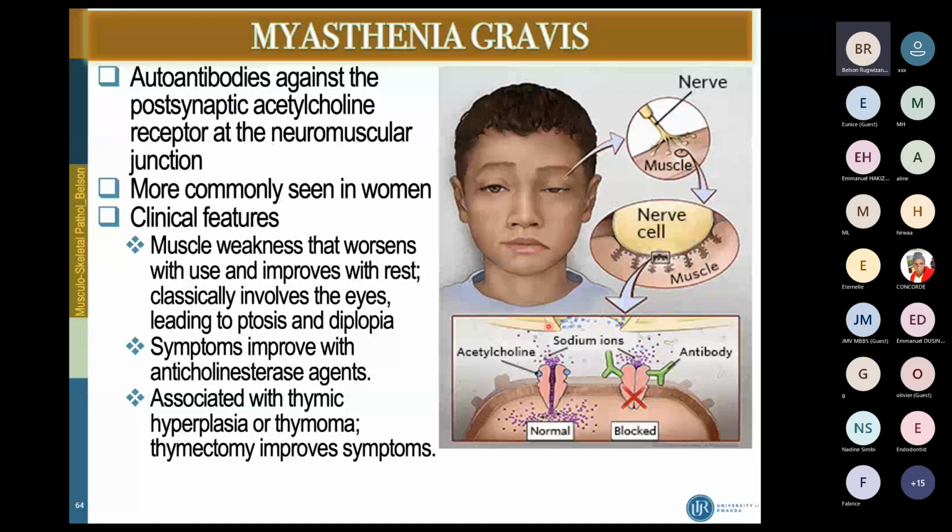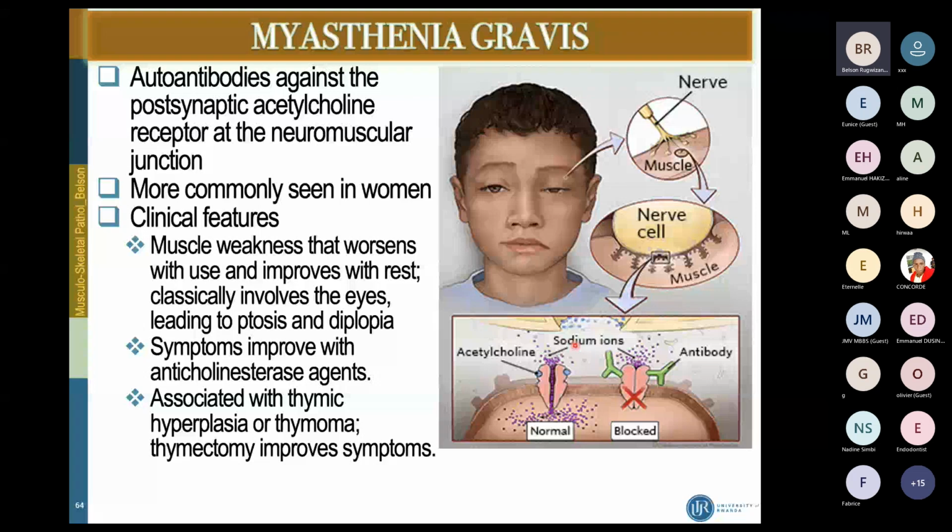And to do that, we have what I can call messengers which help in that, neurotransmitters. Neurotransmitters such as acetylcholine. So acetylcholine here, you see that it is only the muscle side of the synapse. So for it to work, it needs the sodium.